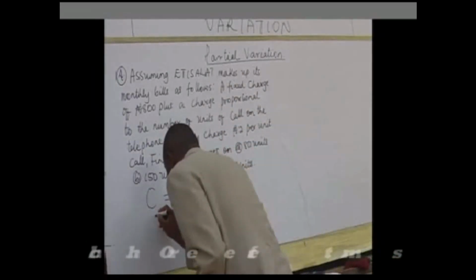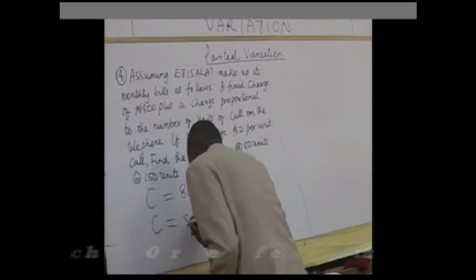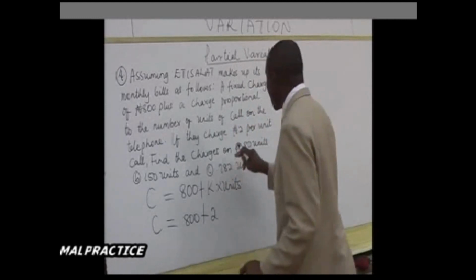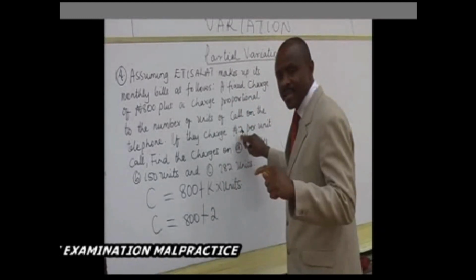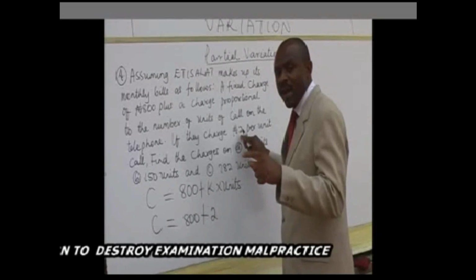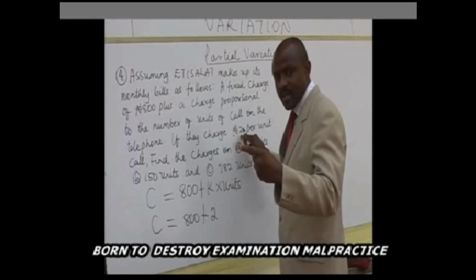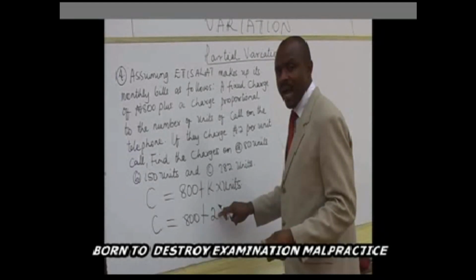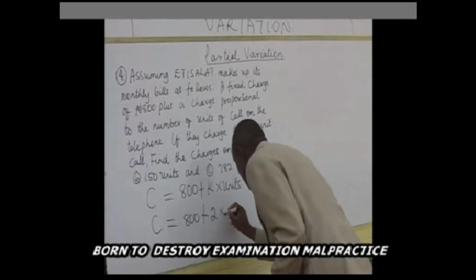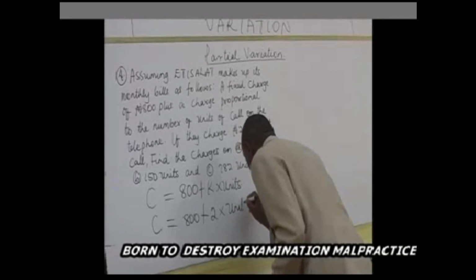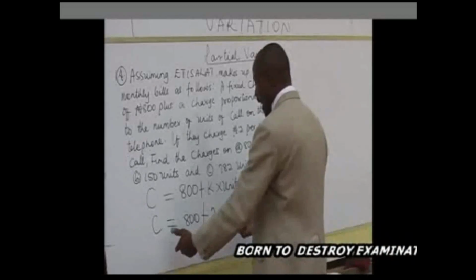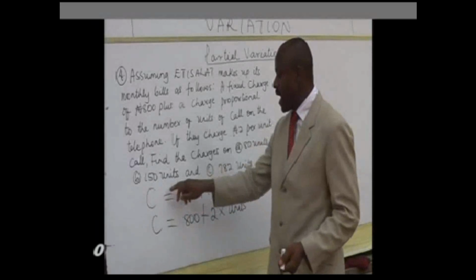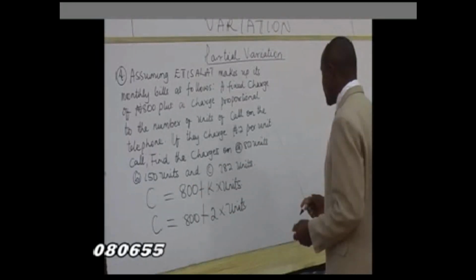What I'm saying is that our C is going to be equal to 800 plus 2, which is now the constant, the price per unit cost. Whatever the units in the phone is, you must multiply it with this constant, which is 2, before you can get it correct, times the units. So this is the formula that we are going to be using in calculating our A, B, and C equations. So let's start with A.